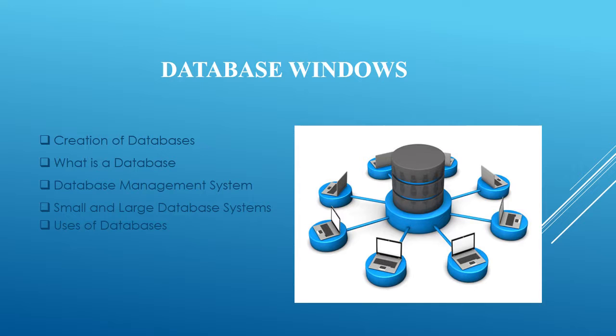You also have small and large database systems. Databases can either be single user or multi-user. Single user databases exist on single computers and are accessible only from that one single computer. Many single user databases exist, and there are a number of commercial database manufacturers that address this market.